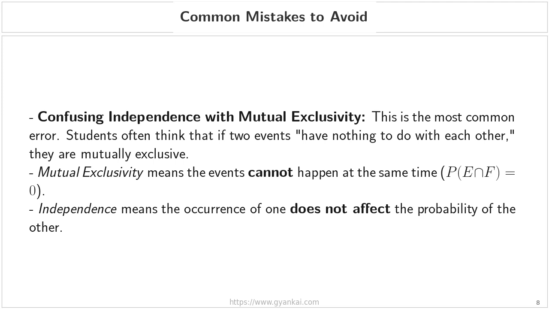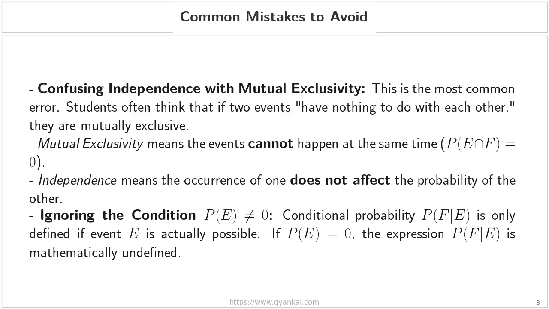On the other hand, as we discussed in our formal definition earlier, independence means that the occurrence of one event does not change the probability of the other. In a mutually exclusive scenario, the events actually have a very strong relationship. If one happens, it tells you for certain that the other cannot. Second, keep an eye on the mathematical constraints.